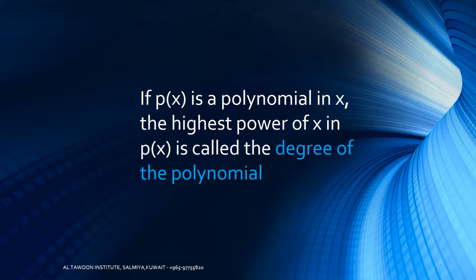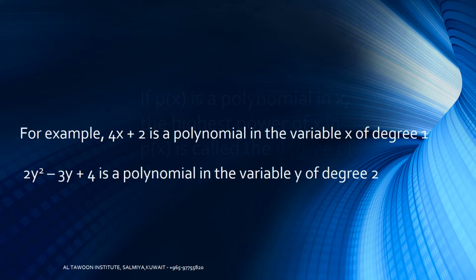We can start to find the zero of a polynomial. What is a zero of a polynomial? A real number k is said to be a zero of a polynomial p(x) if p(k) = 0. Geometrically, the zeros of a polynomial p(x) are precisely the x-coordinates of the points where the graph of y = p(x) intersects the x-axis.